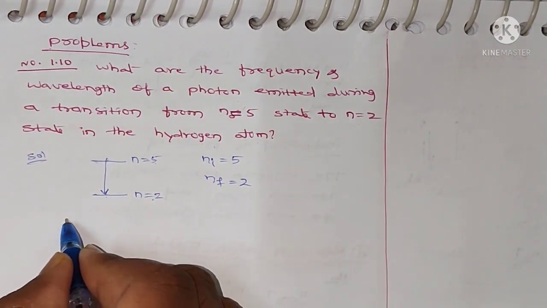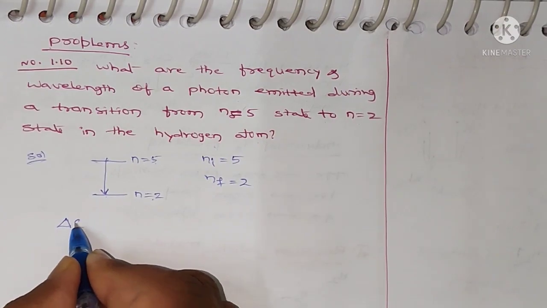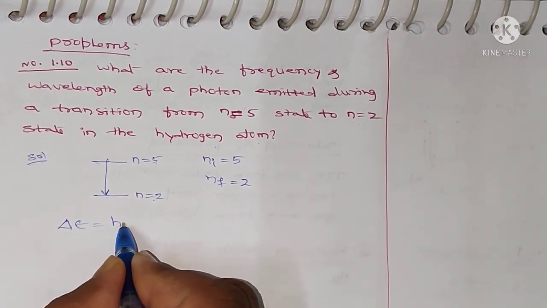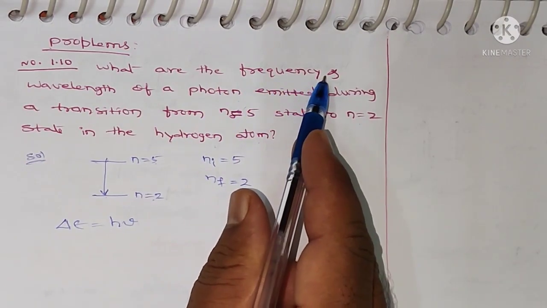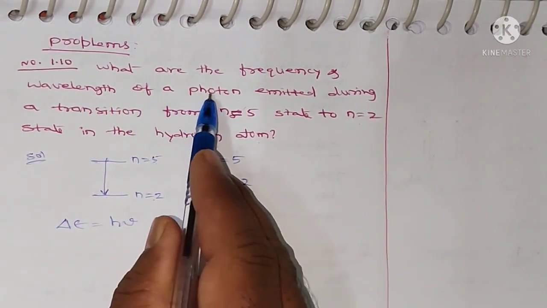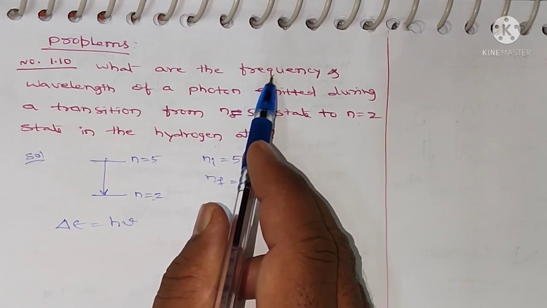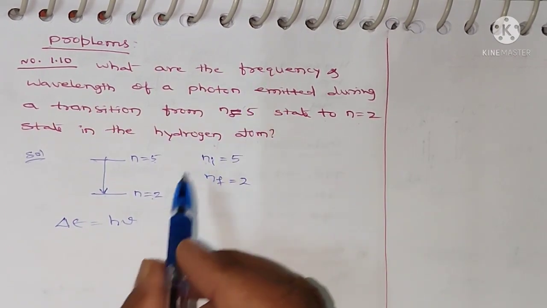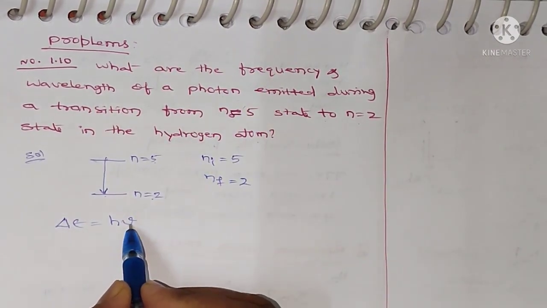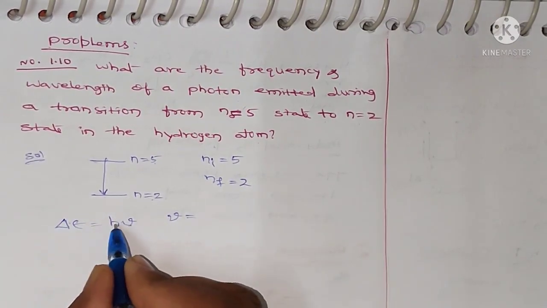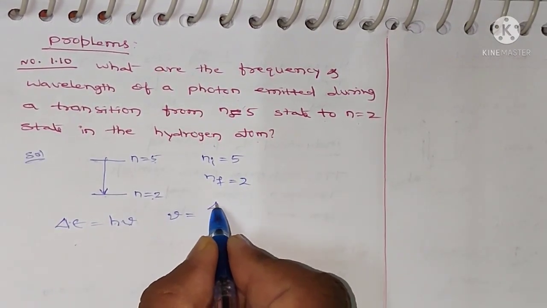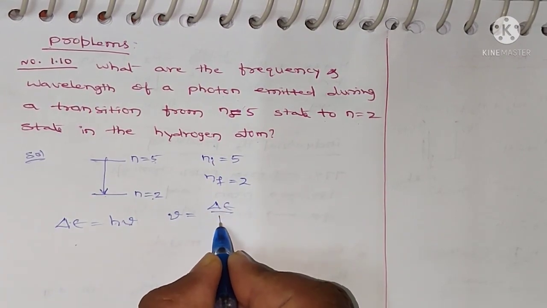And we know that delta E is equal to h nu. So here we have to find out the frequency and wavelength of a photon. The frequency, so we have to find out that nu. Nu is equal to delta E by h.